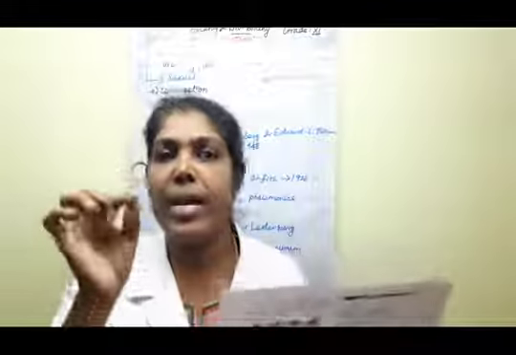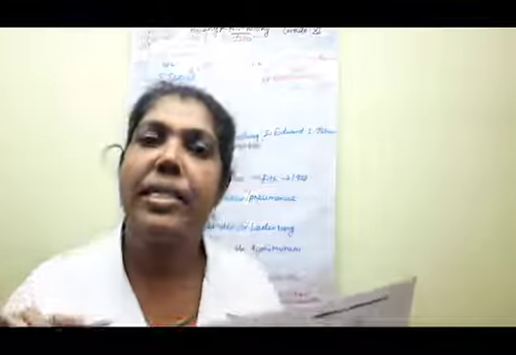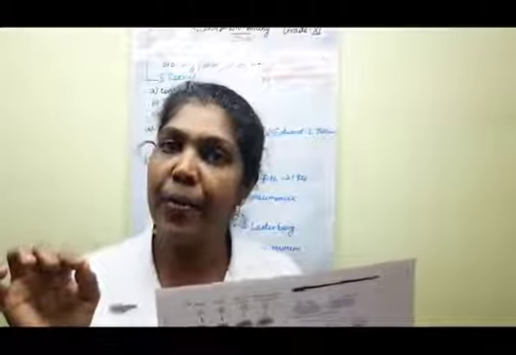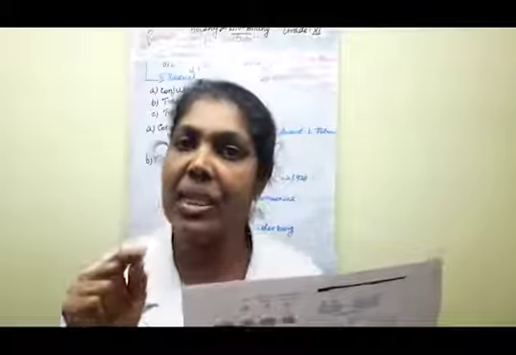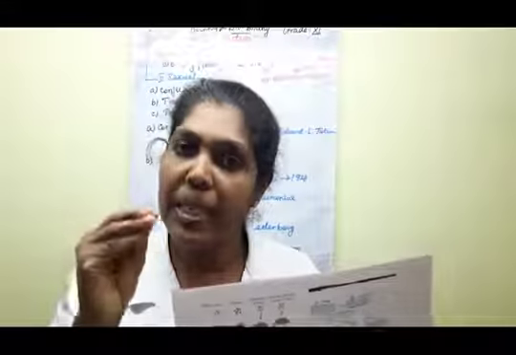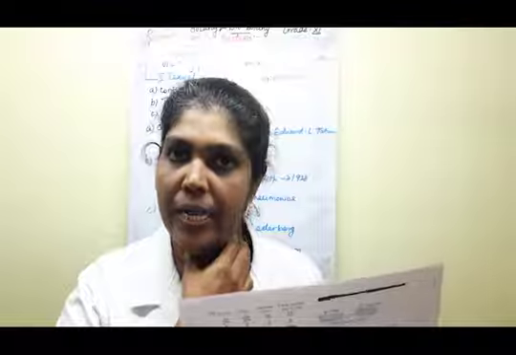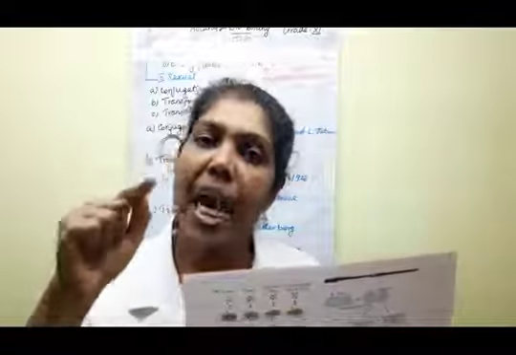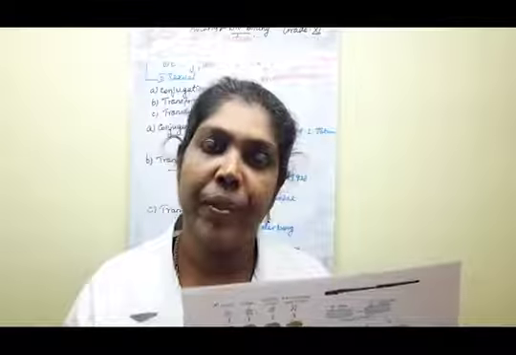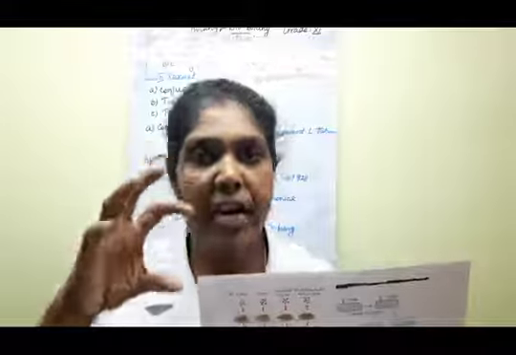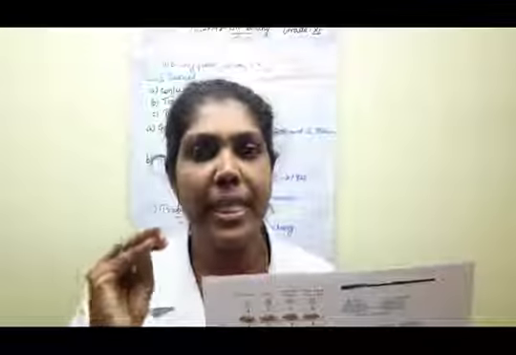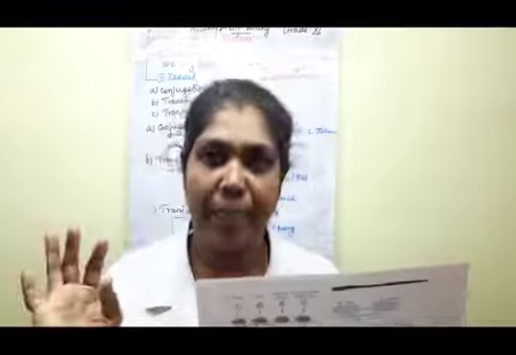S type means a smooth cell. The S type cell is smooth, and it is virulent. Understood, ma'am? Then the R type of cell is a rough type of cell, and it is avirulent. Clear?